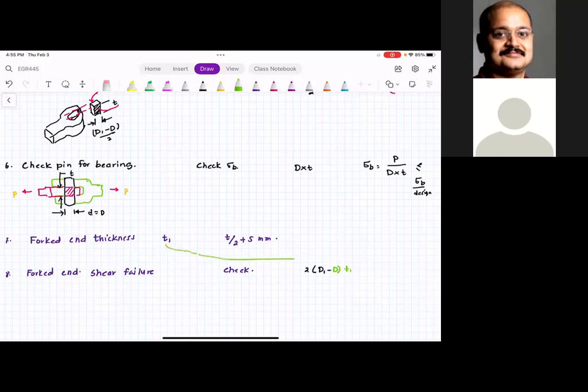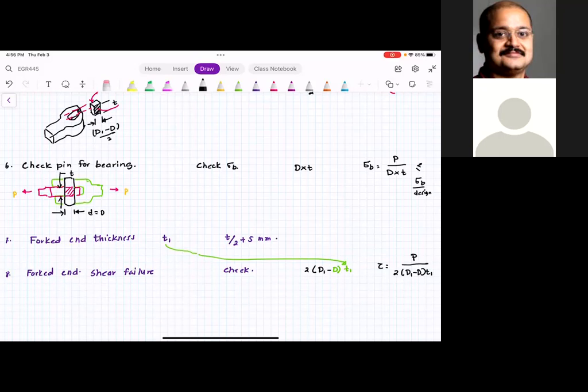So this dimension T1 will go over here. So what you will do is you will find tau is equal to P divided by (2 D1 minus D) T1.